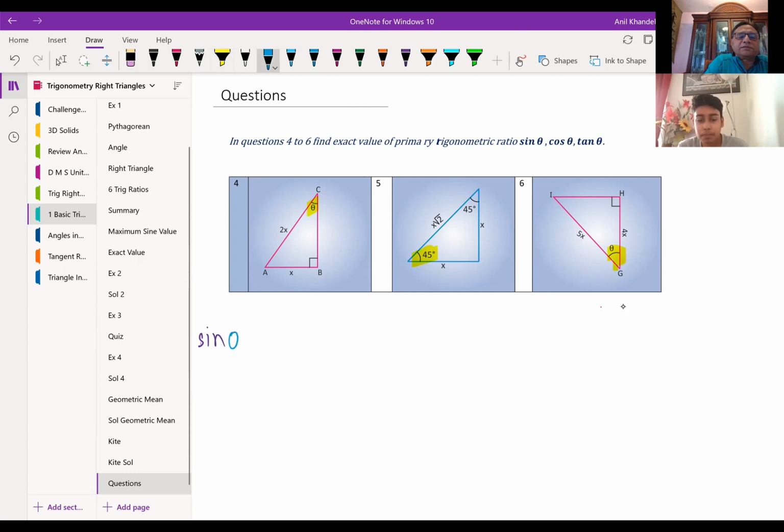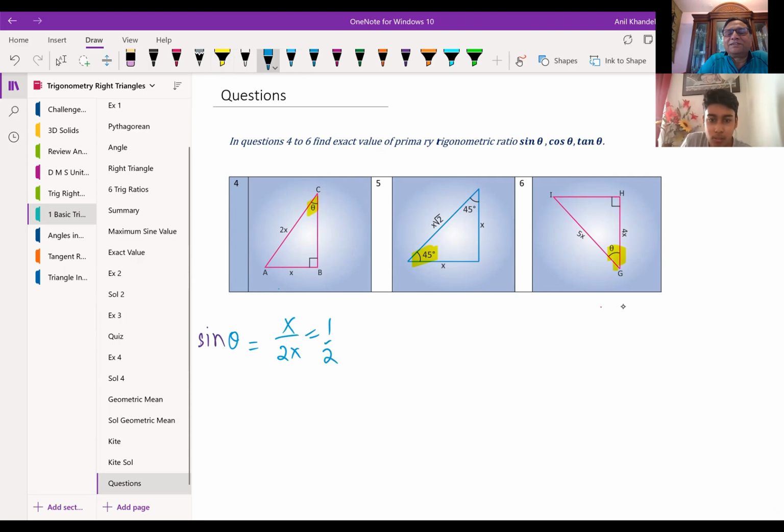So we have to find sine of angle theta. Can you tell me what is the sine of angle theta in the first case, for question number 4? Sine theta is how much in case 1? It would be x over 2x, sir.